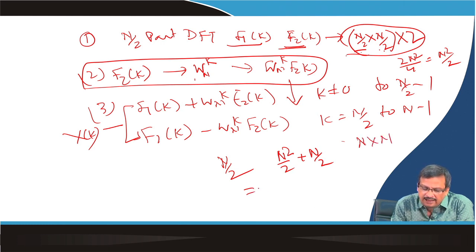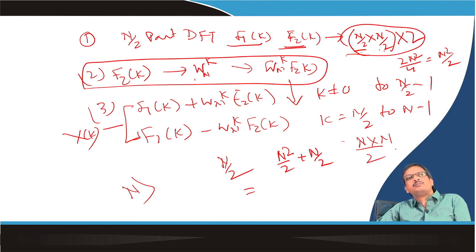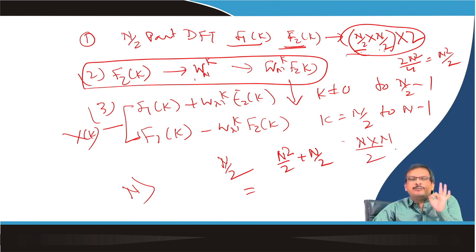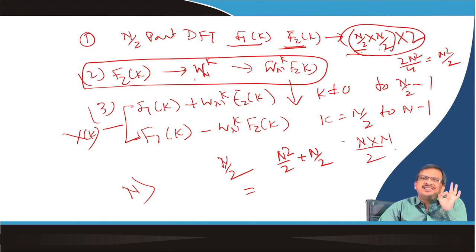If n is quite large, then it is reduced by half, by 50%, 1 by 2.